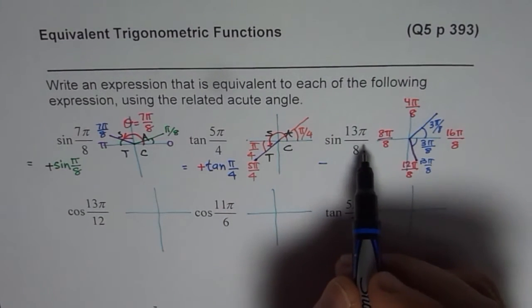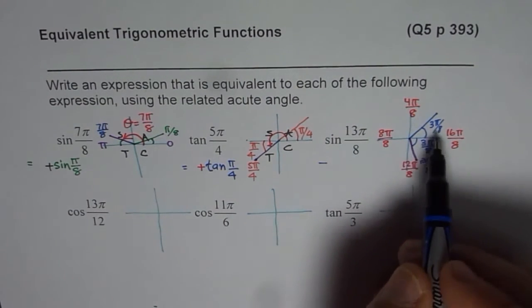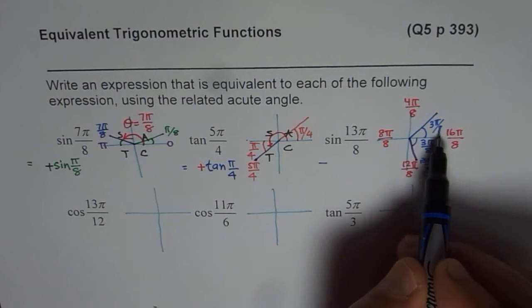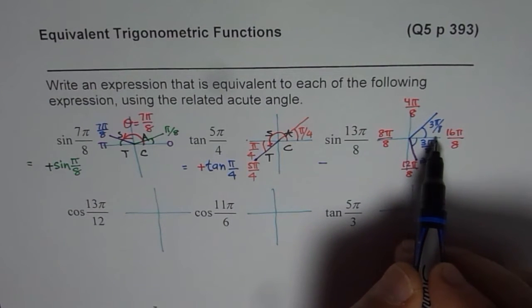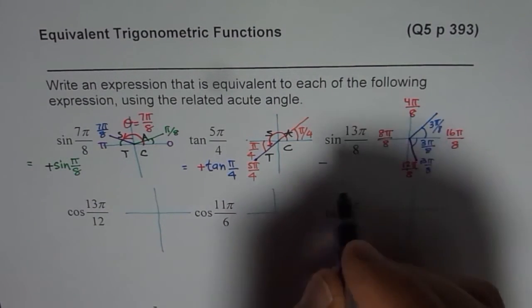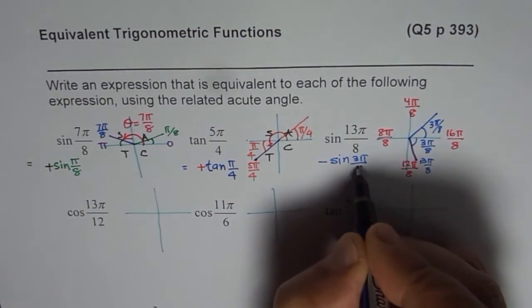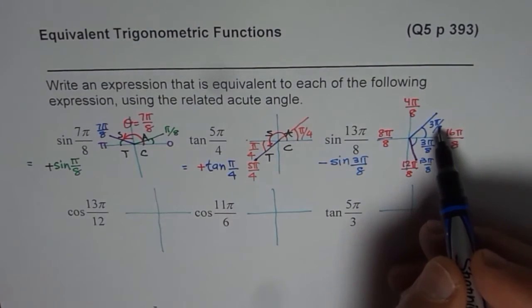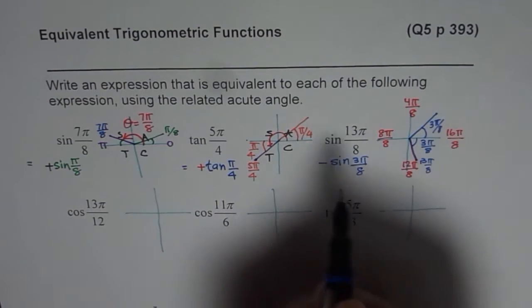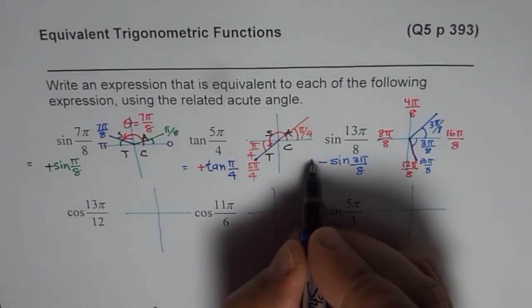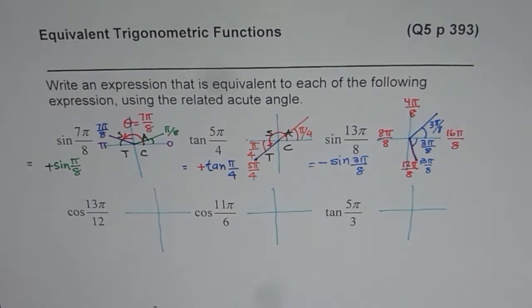But if I write in terms of the acute angle, which in this case is 3 pi by 8, then I get sine 3 pi by 8, but sine 3 pi by 8 will be positive. To make it negative, I have to write a negative sign here. So that becomes the equivalent trigonometric ratio for this particular question.